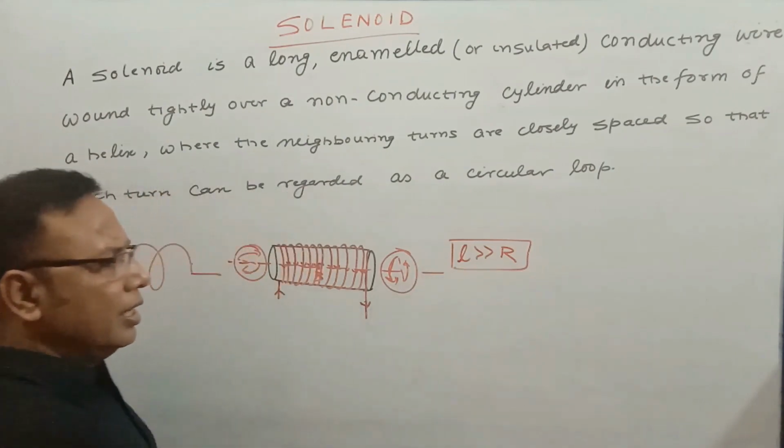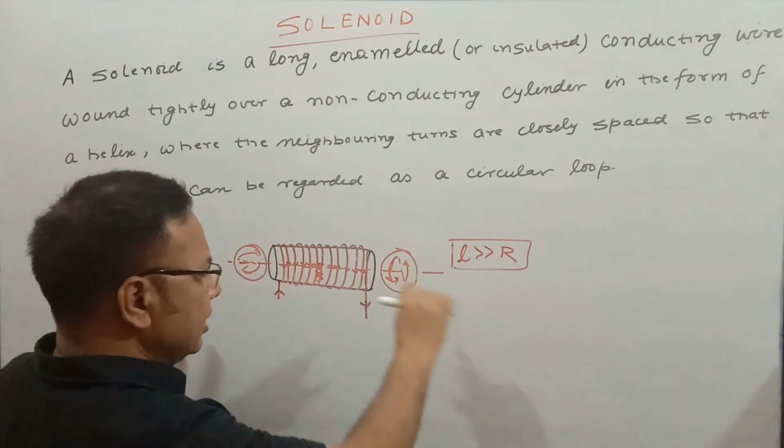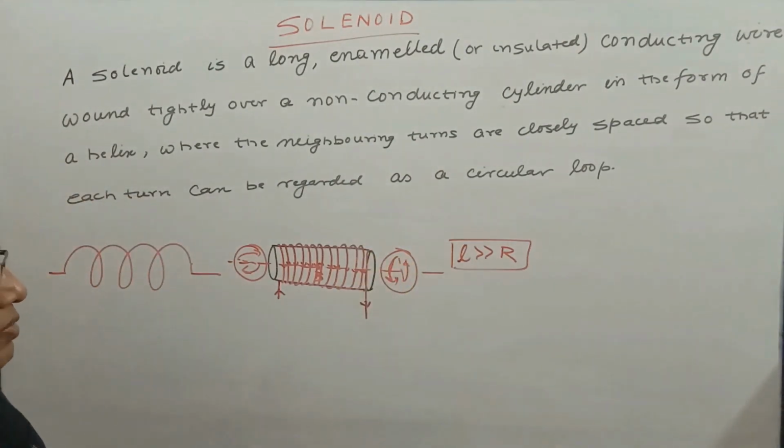It is actually called a solenoid or ideal solenoid. The length of the solenoid is much larger compared to the radius or diameter of the given solenoid. So let's start the explanation with the figure.